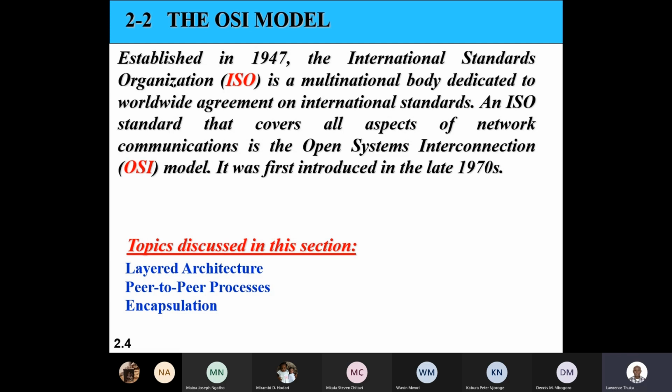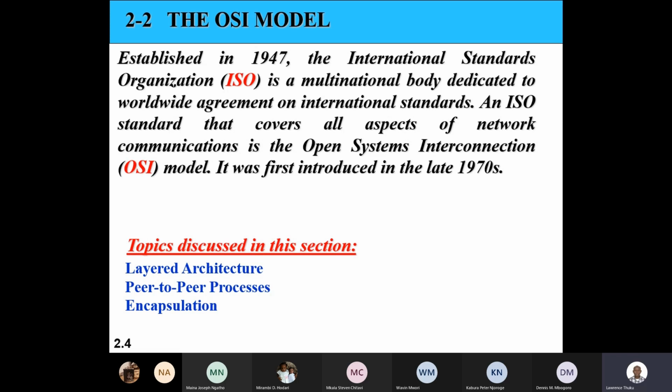It was first introduced in the 1970s with the aim of standardizing how connected devices in the network will be able to communicate. And of course, if you want to create an application, it must be based on these layers of communication.